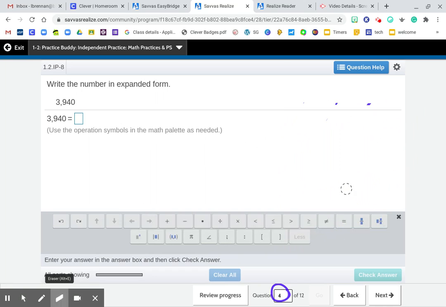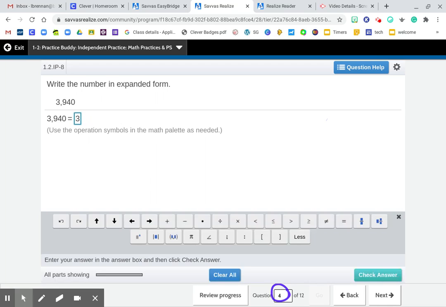I know some of you did this last year with your 4th grade teachers, but some of you didn't. So let's see, and if you get it wrong, it could be because you just used some of the wrong tools. So if I'm writing this in expanded form, it's 3,000.